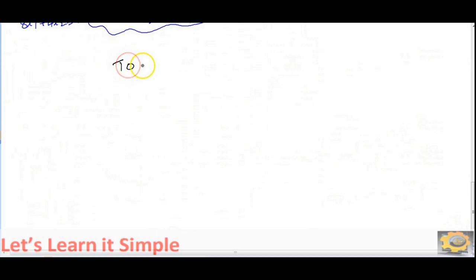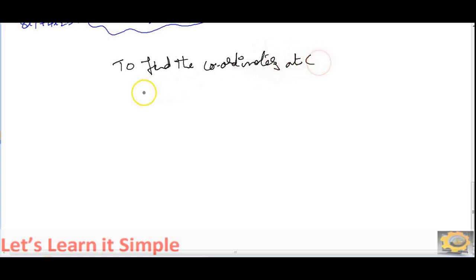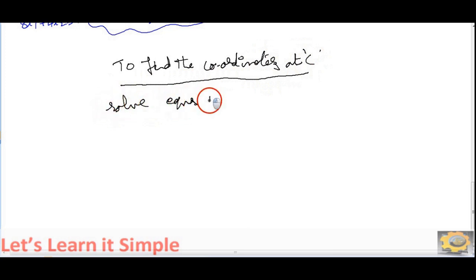To find the coordinates at C, we need to solve equations 1 and 2.